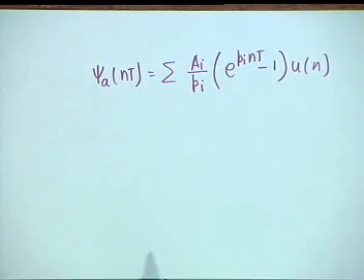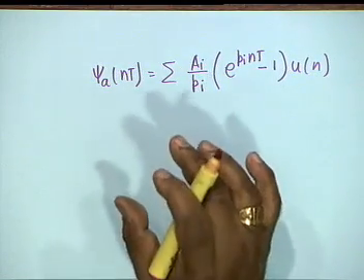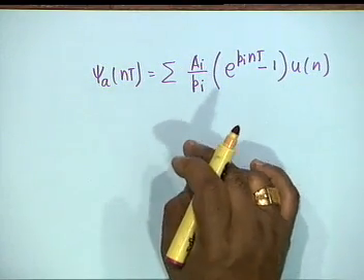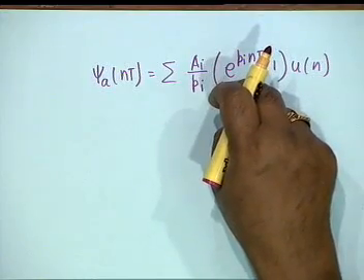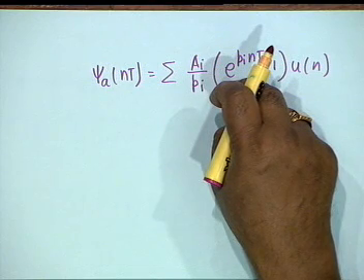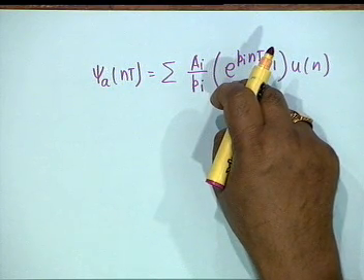This is the sampled step response of the analog filter whose transfer function is h a of s, and we want this to remain invariant, and therefore we should derive a transfer function from this step response.